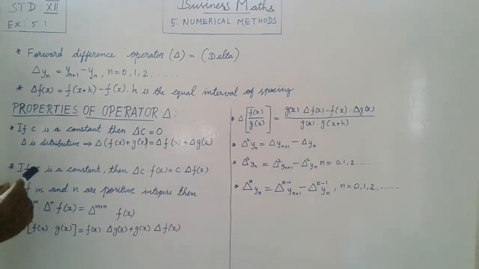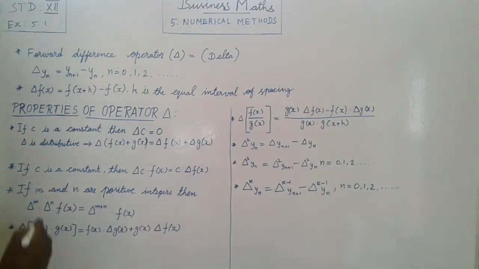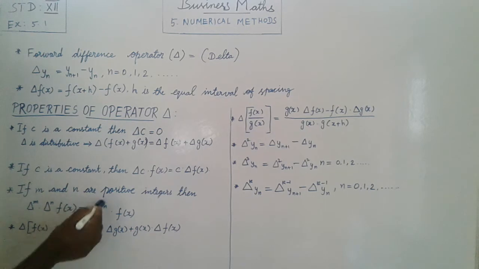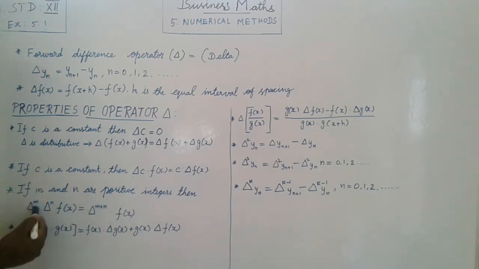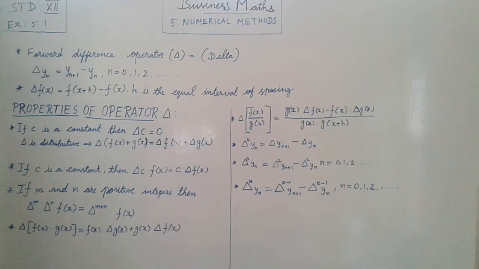Next property, if m and n are positive integers, then delta power m into delta power n into f of x equal to delta power m plus n into f of x. Powers you should add.